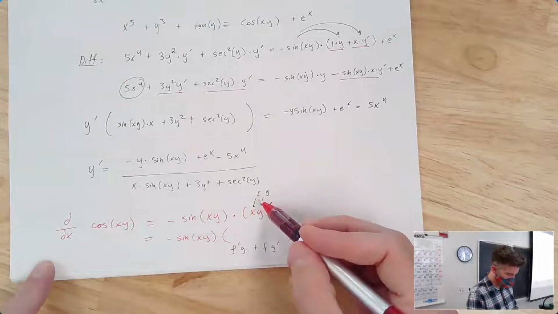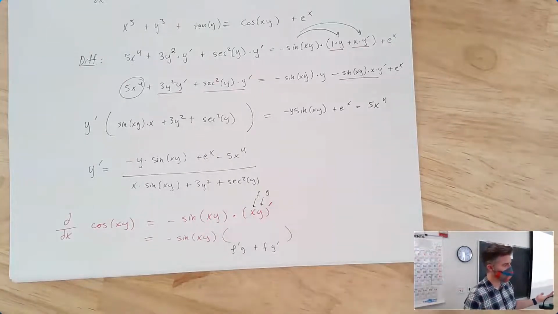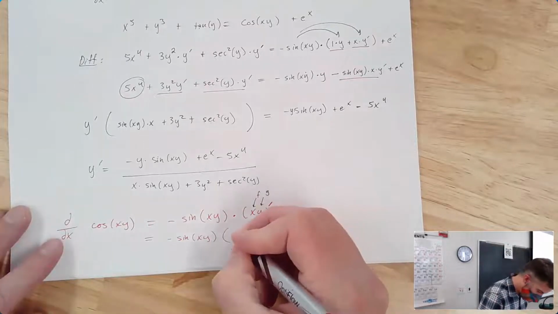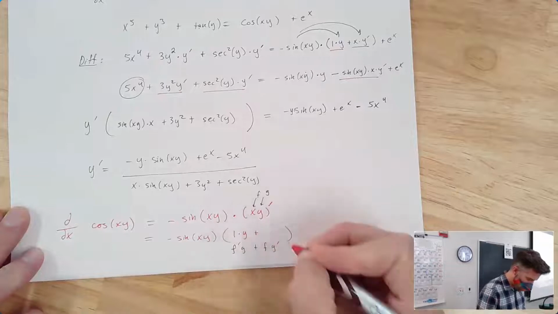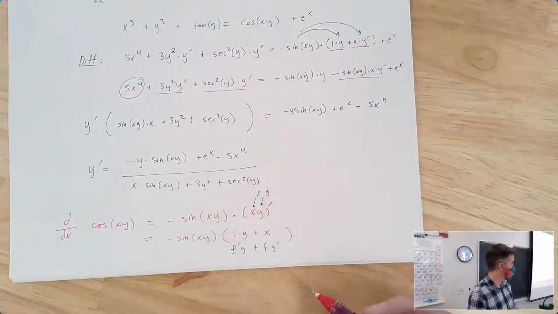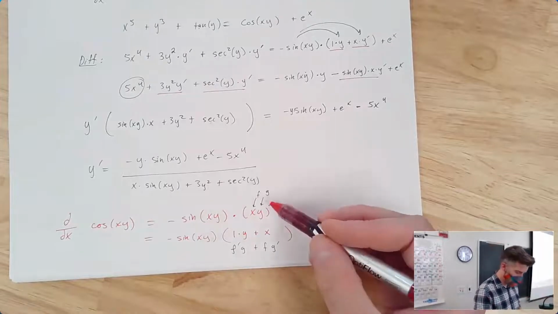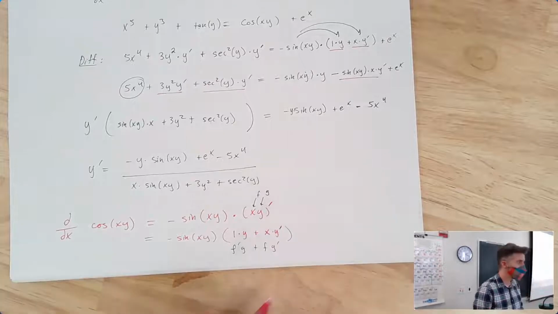So what's f prime? What's the derivative of x? Everybody knows the derivative of x. It's 1 times g left alone, which is y, plus, now we want f left alone, which is just x. And what's g prime? What's the derivative of y? It's y prime.